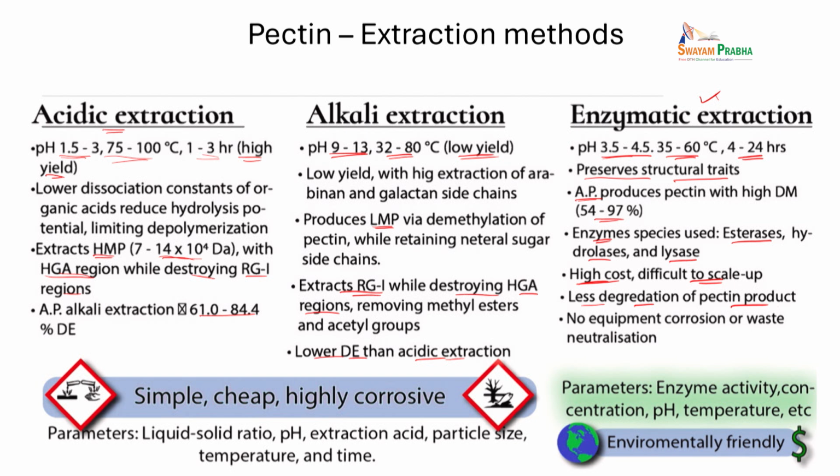We saw that acidic extraction preserves the linear part of the polymer while destroying the amorphous part, whereas alkali extraction destroys the linear part but preserves the amorphous part, whereas enzymatic extraction would preserve the entire structure, both linear and amorphous together, but time is more, cost is more.